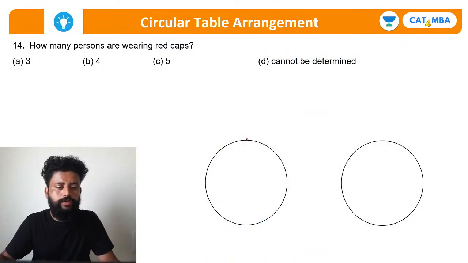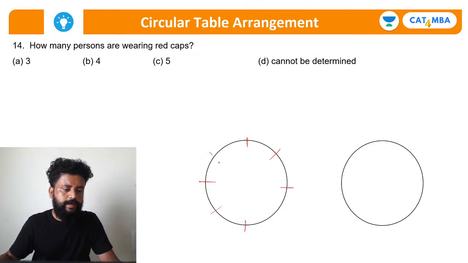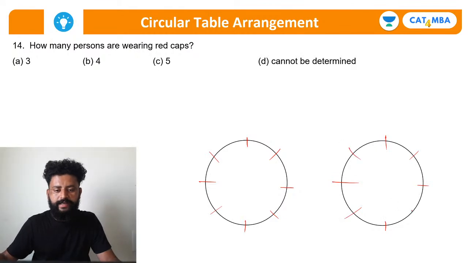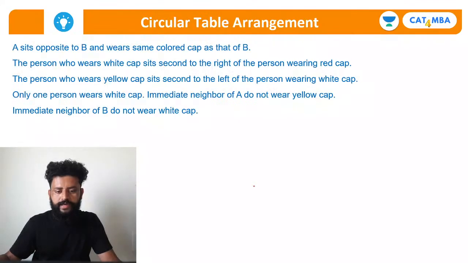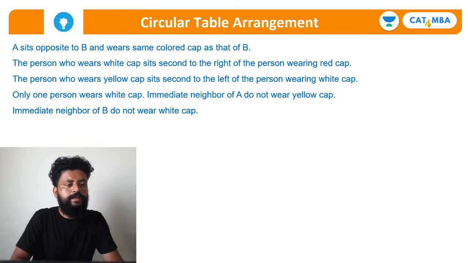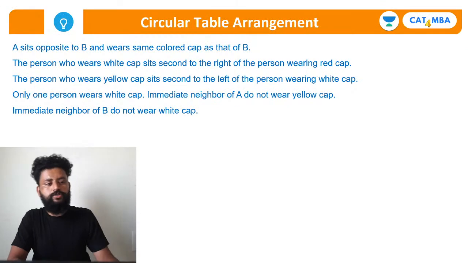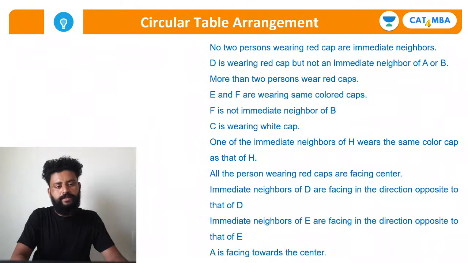So let me tell you the possibility. Just by using the clues we have read, without reading the question completely, what I can figure out is that A and B are sitting opposite to each other and wear the same colored cap.